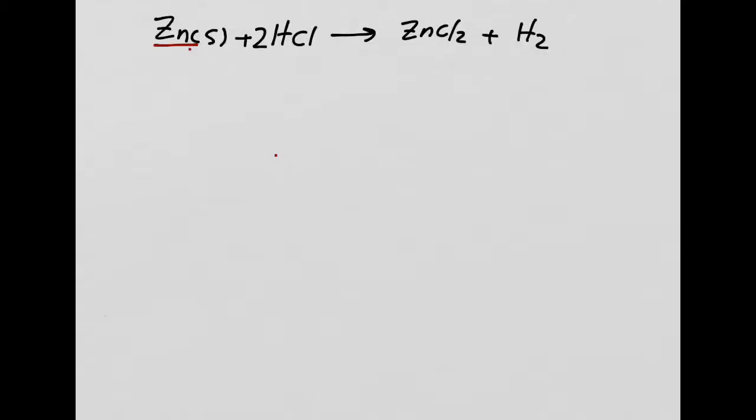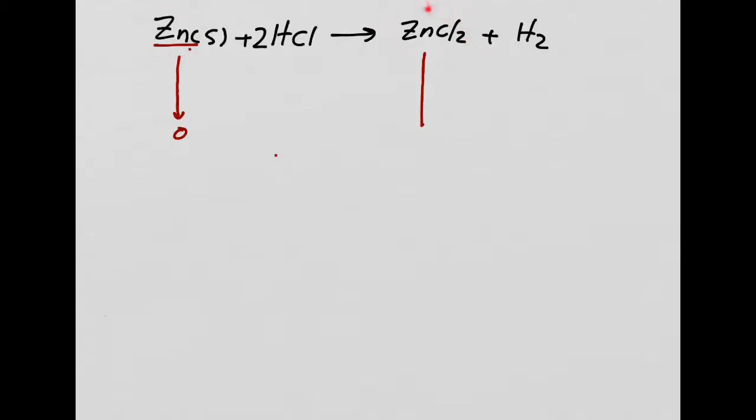Let's do this together. What is the oxidation number of zinc? Zinc, in its elemental form by itself, has no charge, so the oxidation number is 0. Now, zinc over here is forming an ionic compound. When you form an ionic compound, something has to lose, something has to gain. Now you have charges, which is the same as oxidation number. So by itself, 0.